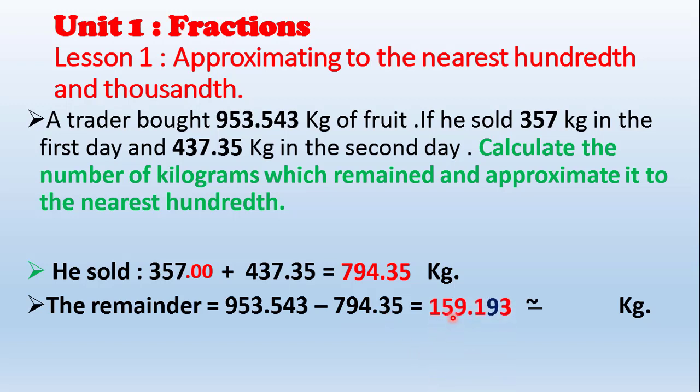The result will be 159.193. Now I want to approximate to the nearest hundredth. Where is the hundredth? Tenth, hundredth. The number to the right is 3, so I'll keep the 9. I don't add 1. So the result is 159.19 kilograms.